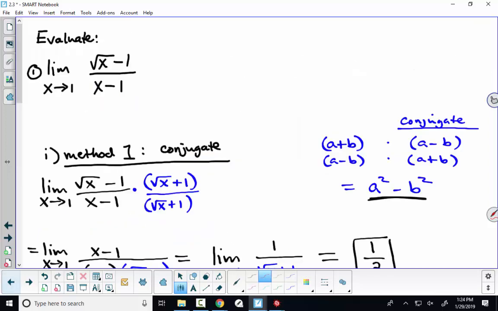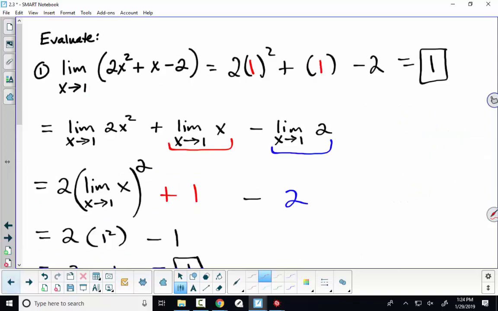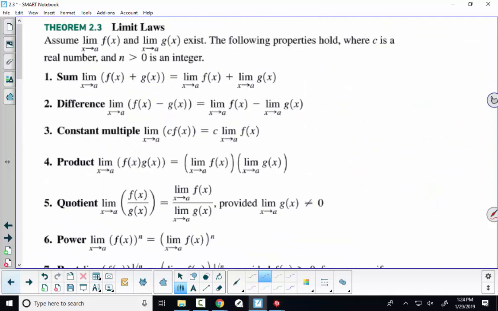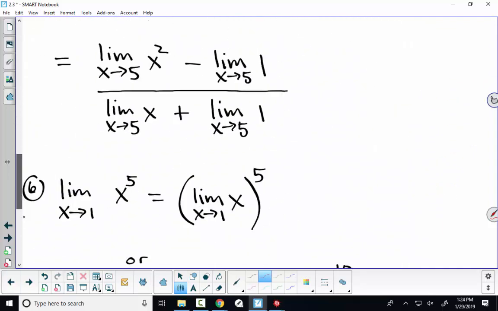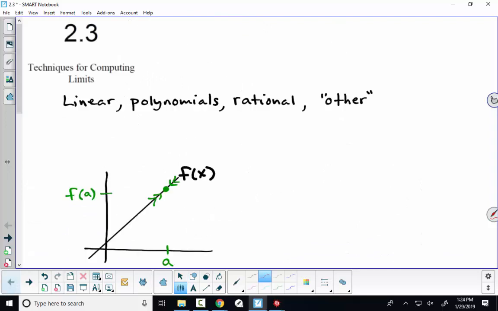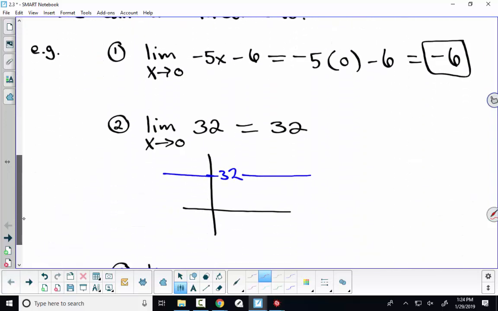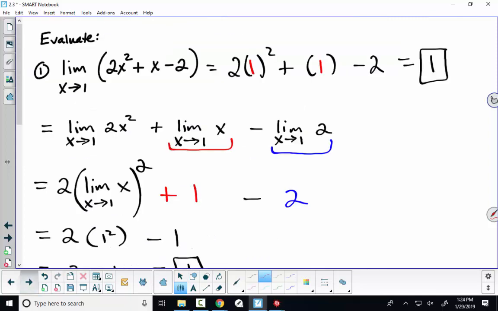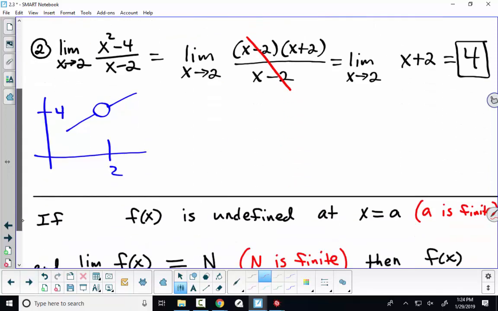Somewhere we actually wrote that down. It was very generic how we wrote it down, but we did have that somewhere. I don't remember if it was in 2.3 or 2.2. It was in 2.2 where we wrote that down.